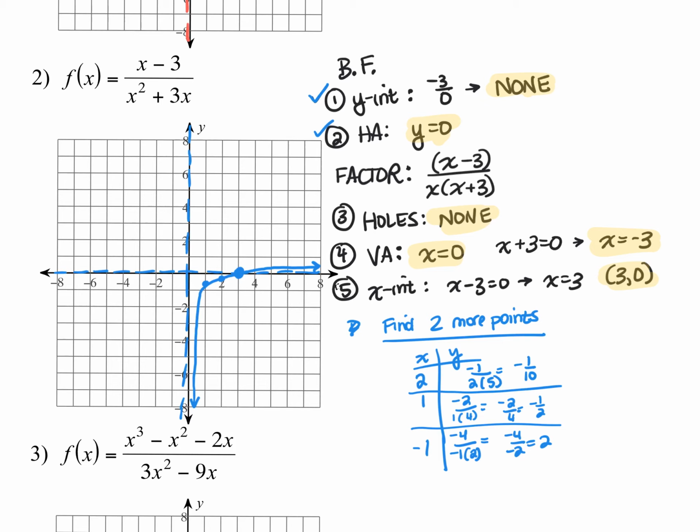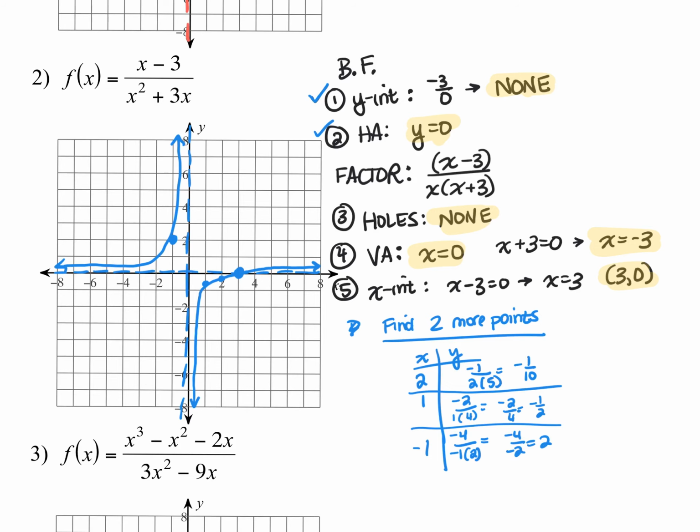So at negative 1, we're at the point 2. That tells me my graph is going to be above the horizontal asymptote on the left-hand side. I don't really need any other points there. I can just do this, and that's a good enough sketch. And again, it follows that rule that they don't live next to each other. They live kind of diagonal from each other.